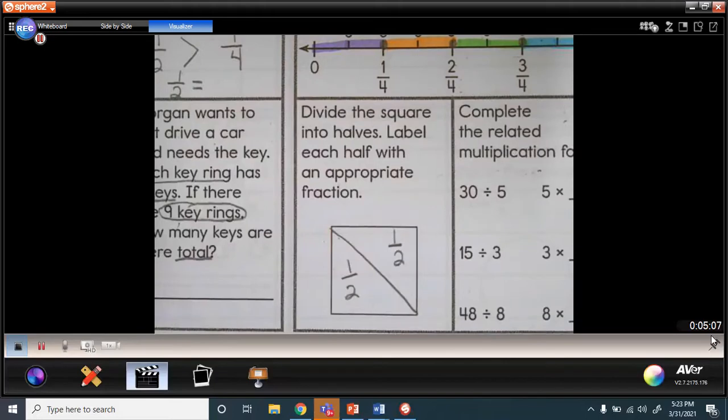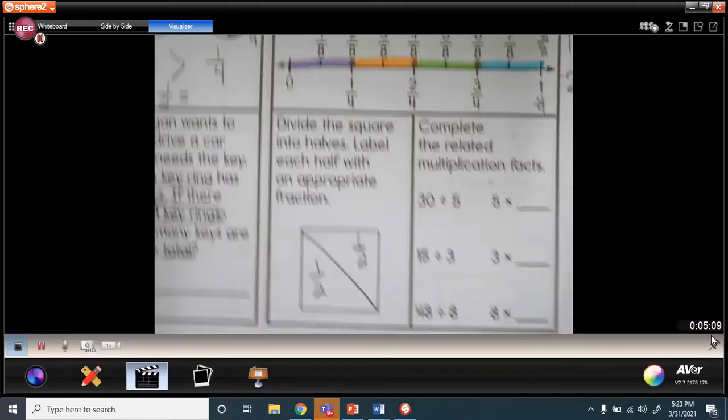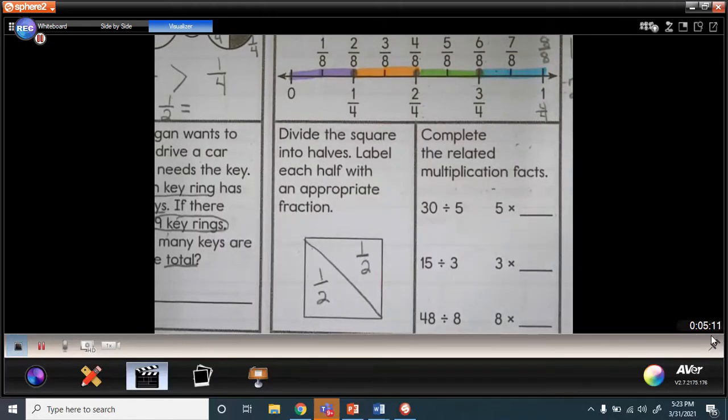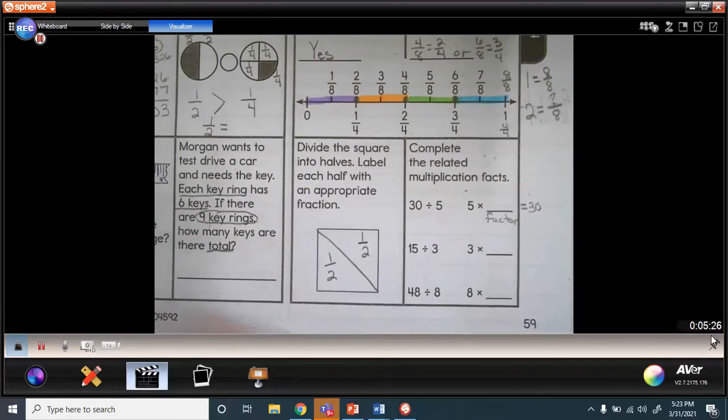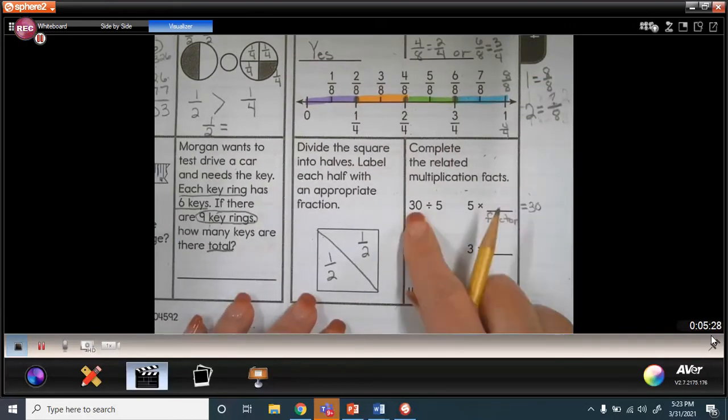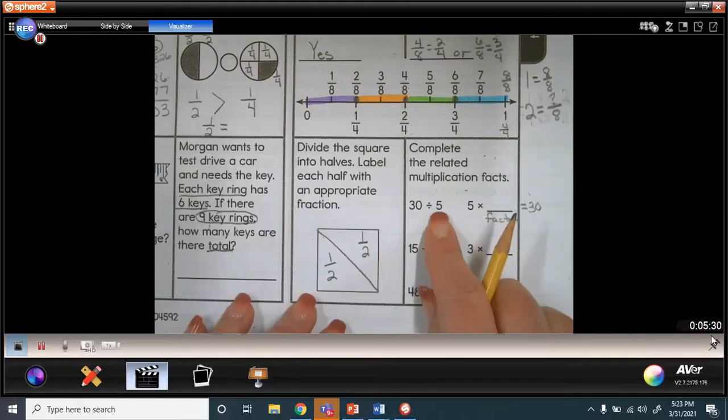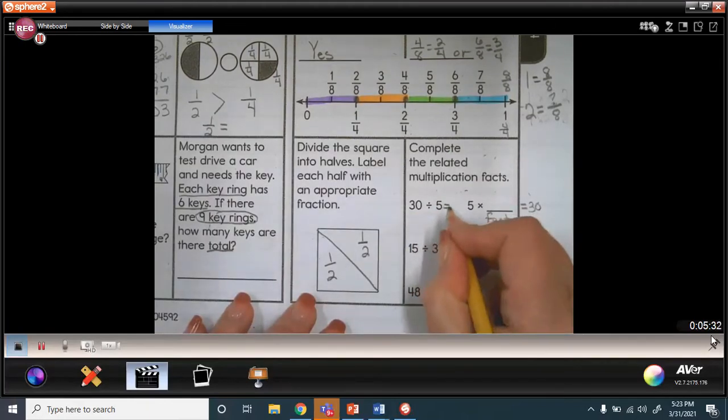Now let's take a look at the next problem. Complete the related multiplication facts. And remember, we have a missing factor here. We know that 5 groups of something is going to equal 30. So how many groups of 5 would I have to use to make 30?